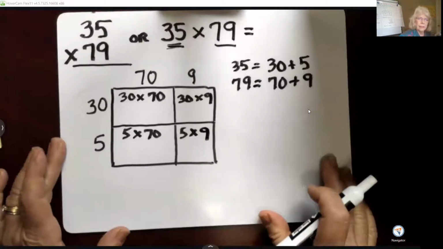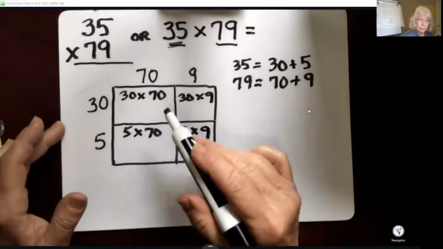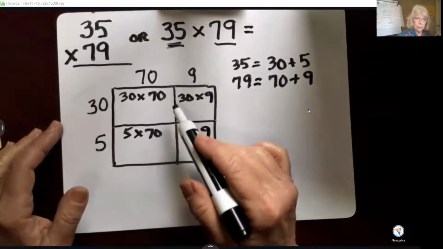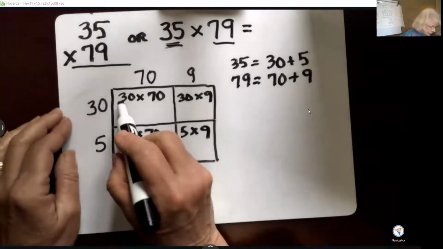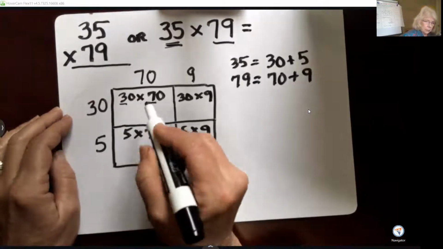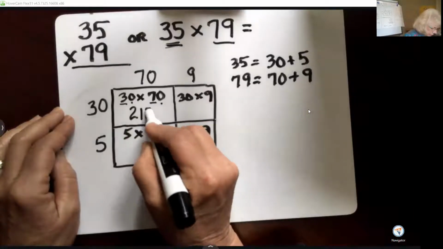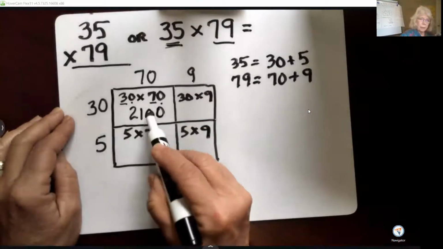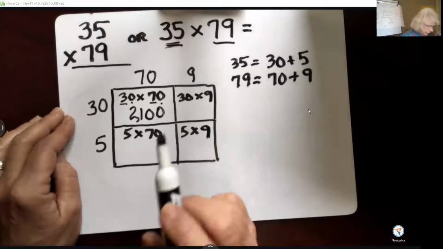Now we need to fill in our products for these. If you haven't seen my video on multiplying with multiples of 10, that would help you here. But 30 times 70, we take our 2 digits that are not 0, multiply them together, and get 21. Now we're going to add 2 zeros. So our partial product for this box is 2100.